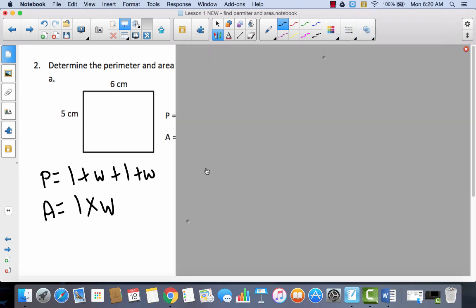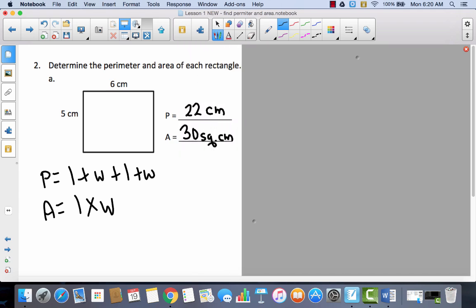Okay, so let's take a look at the perimeter. So if the perimeter is length plus width plus length plus width, well, the length plus the width of this rectangle is 11. So 11 plus 11 is equal to 22 centimeters. Area is equal to length times width, and 5 times 6 is equal to 30.